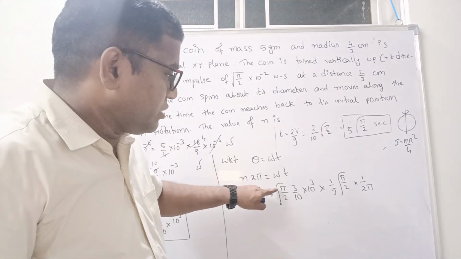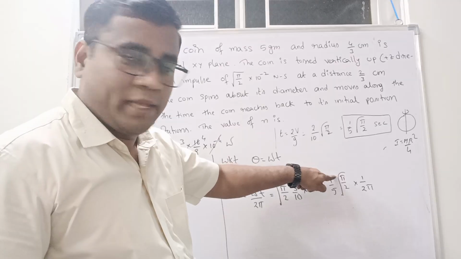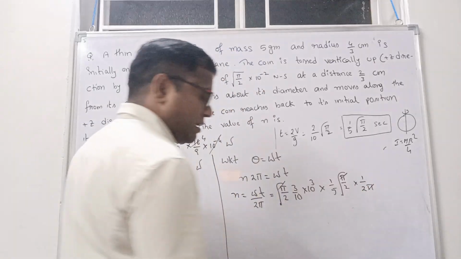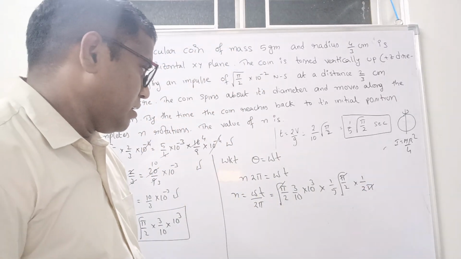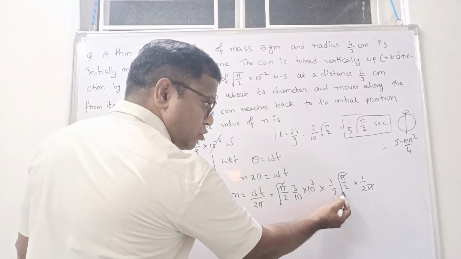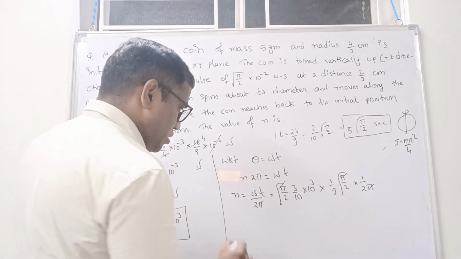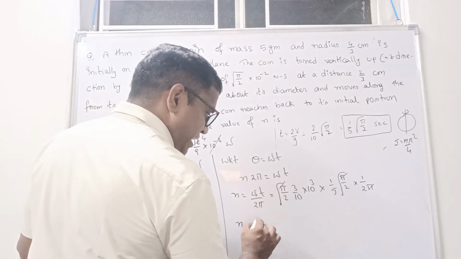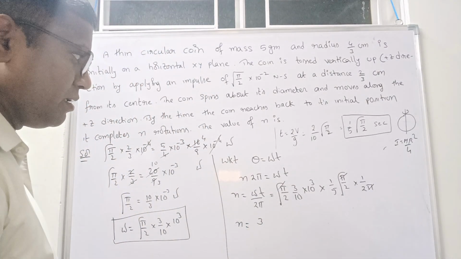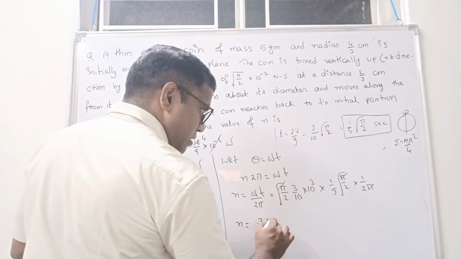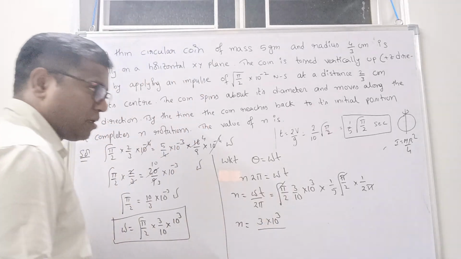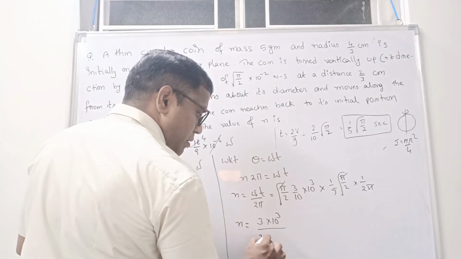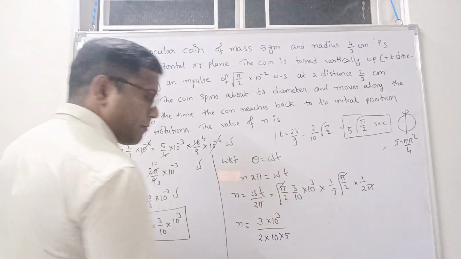Now see, this one is root pi. Root pi into root pi is pi. This pi gets cancelled, right? Again here, this is root 2 and this is root 2. So root 2 into root 2 is nothing but 2. So here n is equal to, in the numerator 3 and 3 into 10 power 3, upon, in the denominator, root 2 means 2 into 10 into 5, right?